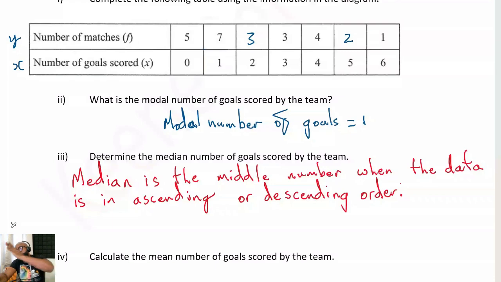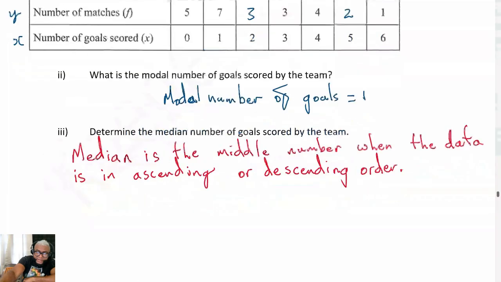You can't have the numbers all over the place and then want to find the middle number. So for this question, because of how your data is written, there's a formula to give us the median position.